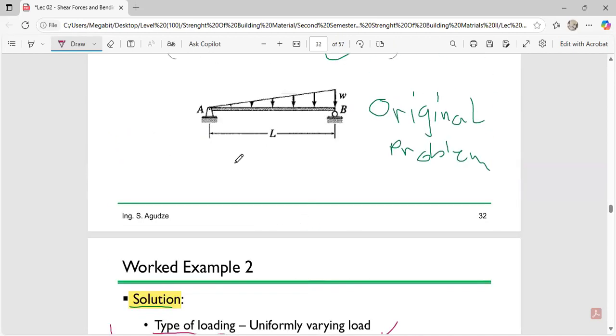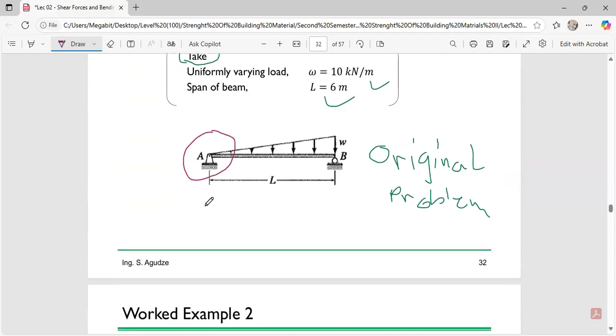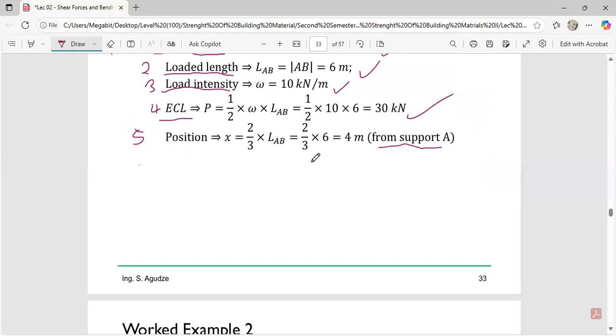That is, he's calculating from the smaller end, this smaller end over here. Because we said the smaller end is 2 over 3, and then the bigger end is 1 over 3 in terms of calculating for the position. So he is calculating from the smaller end. That is why he's using 2 over 3 to multiply the 6. And 2 over 3 times 6 is what?